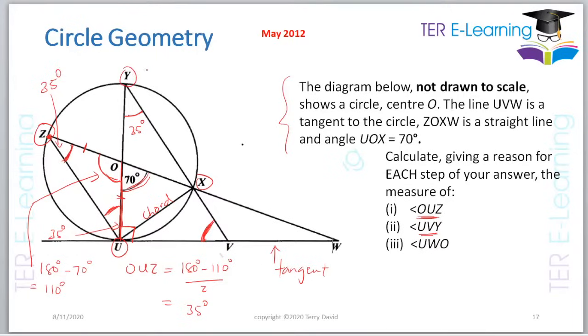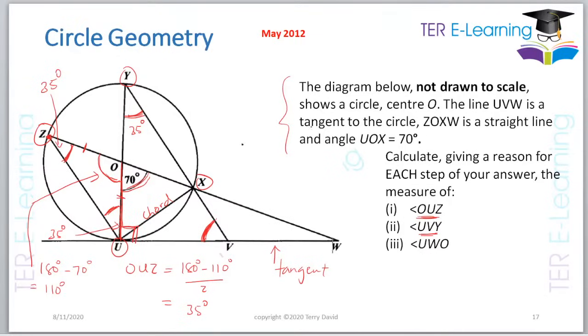If we try to form an angle using the same UX and some other point on the circle, this angle here will also be 35 degrees. As a rule, angles in the same segment are equal. So that's 35. We know that's 35. And you also know that this here is 90 degrees. So you have a right angle triangle.